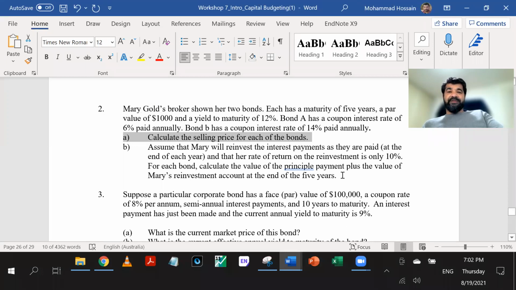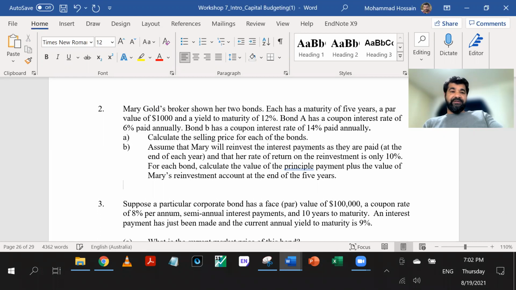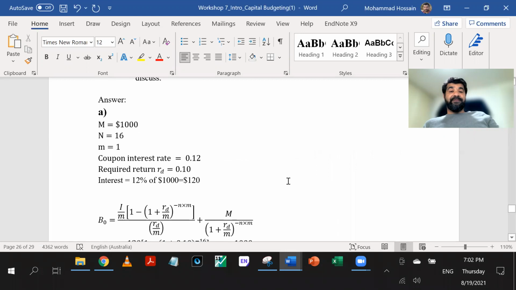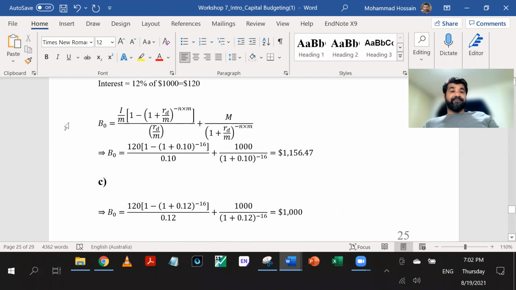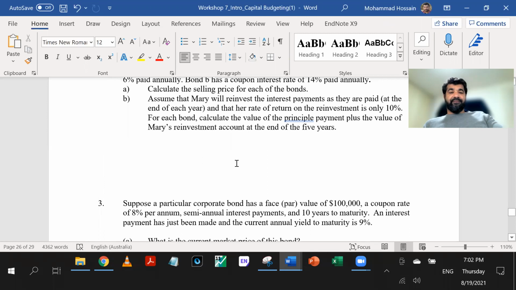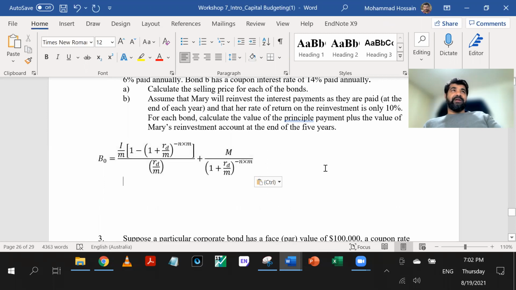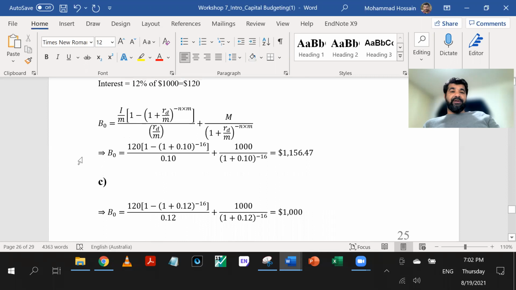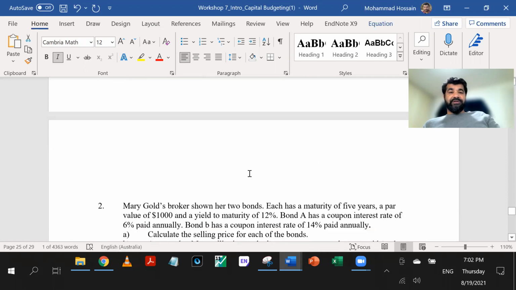Let's do this one first and finish it off. Again, we use the same formula from here. How much is our N here?